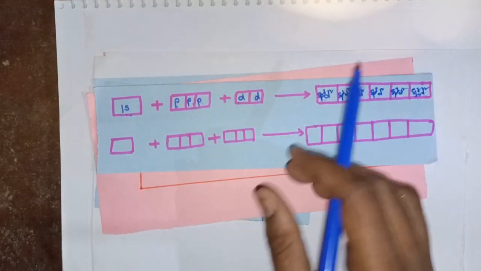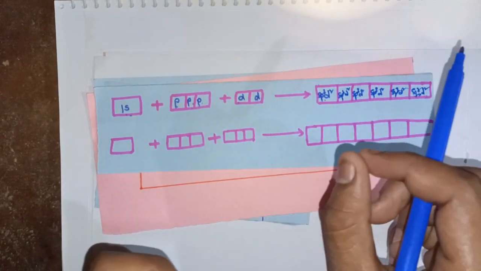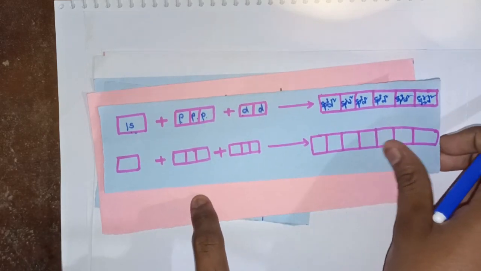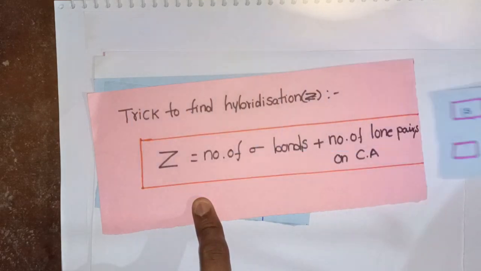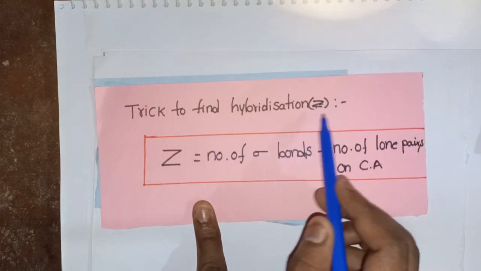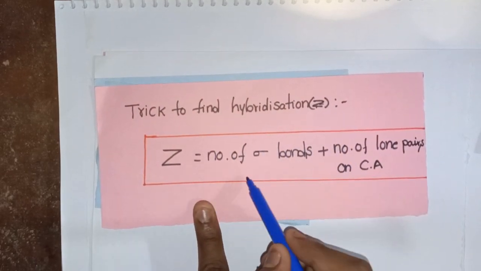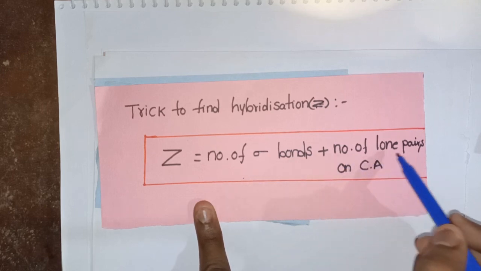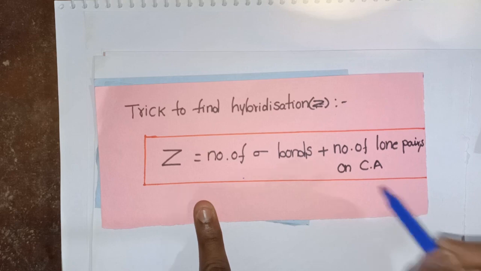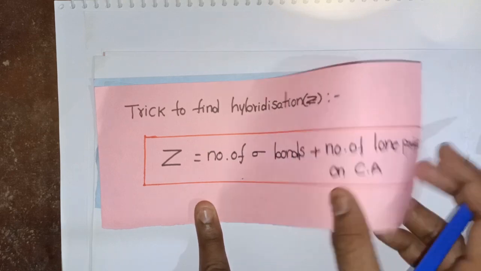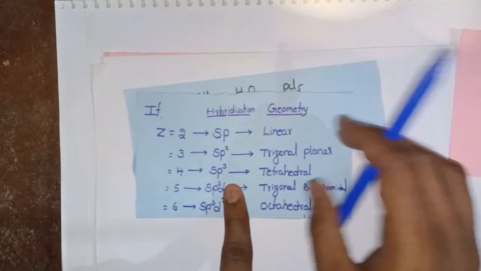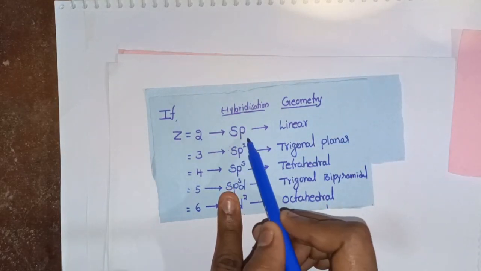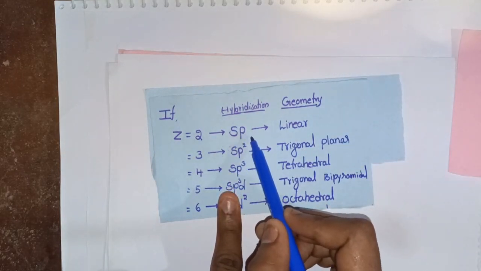We have a small trick to find out the hybridization in molecules for the central atom. That is, the trick to find hybridization: Z is equal to the number of sigma bonds in the molecule plus the number of lone pairs on the central atom. If the Z value is 2, then it will be sp hybridization.